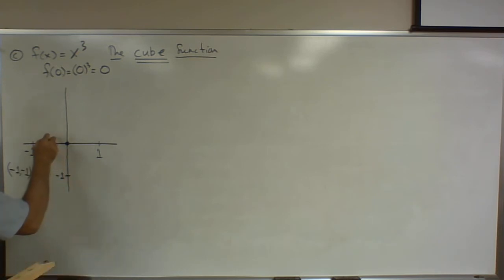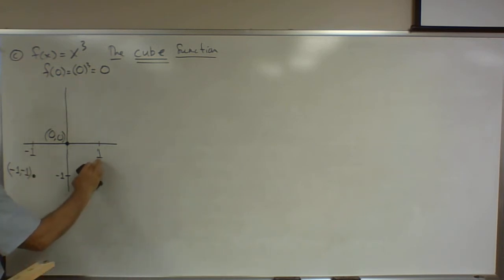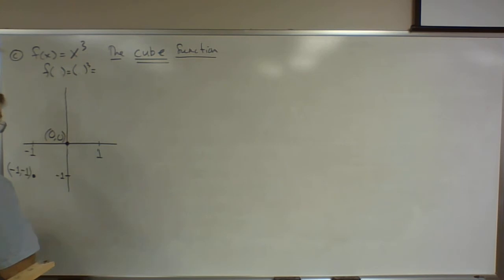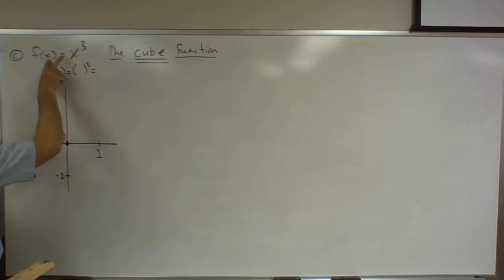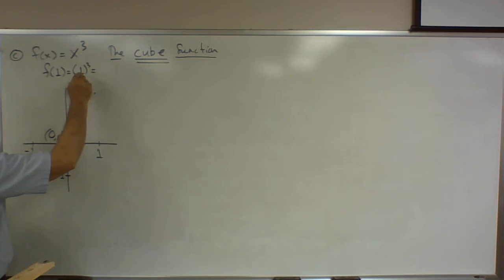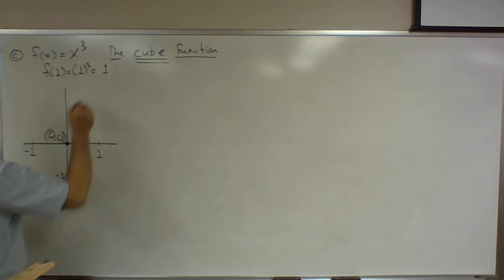And I think maybe I'll write it up here to keep it out of the way. Well, we got 2 points on the graph. Let's take 1 and substitute it in for x. I have f evaluated at 1. So every place up here in my model that I see an x, I'm going to put 1. So I have 1 cubed, that's just 1.